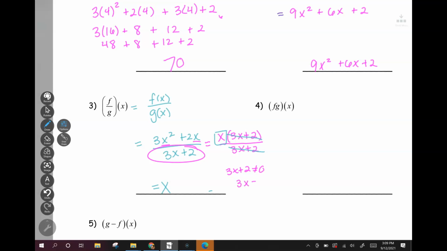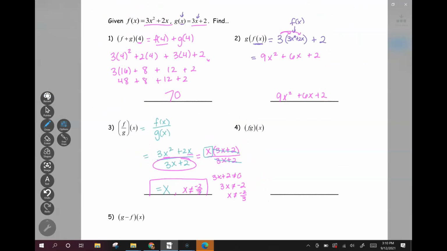Subtract that 2 over, divide by 3. X cannot equal negative 2/3. So just put a comma. So it simplifies to x, but x cannot equal negative 2/3.